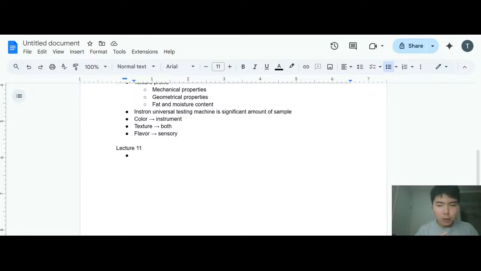MANOVA is multivariate analysis of variance. MANOVA is an extension of analysis of variance, which is used to analyze the variance of a variable, but it examines the variance of multiple variables.